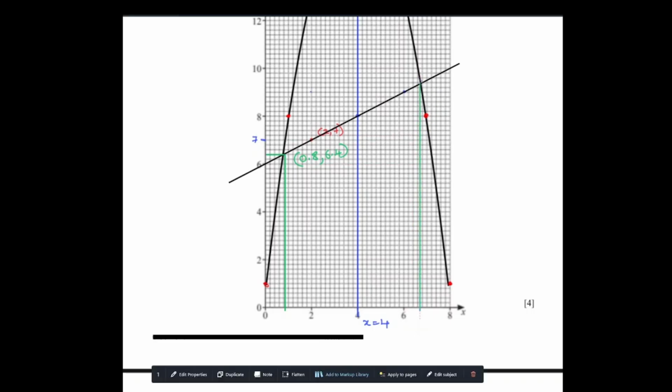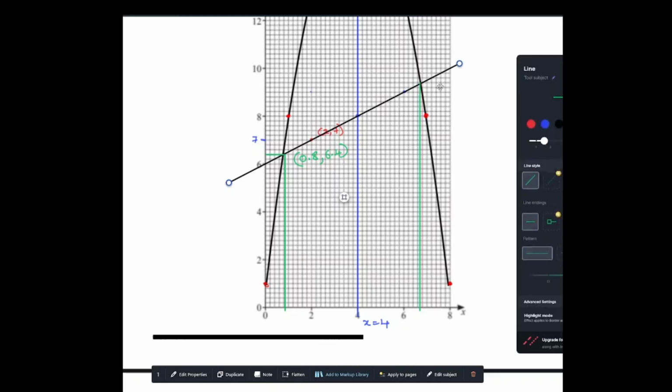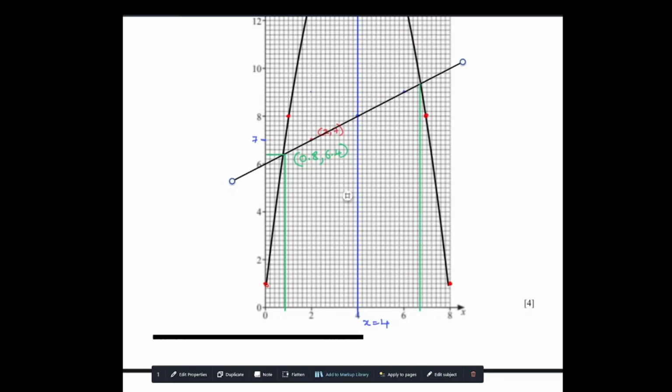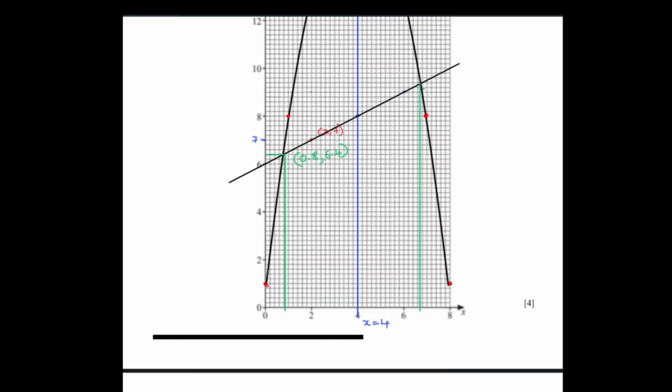It's in between somewhere, and the next is here, this one. So this is 8, 9, 1 2 3 4 5.